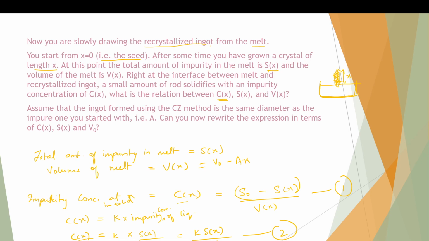So V of x, oh no, this part is wrong, right? V of x was the volume of the melt. We don't need the volume of the melt, we need the volume of the solid. So the volume of the solid is nothing but A times x, right?